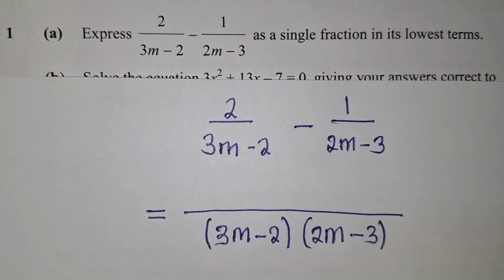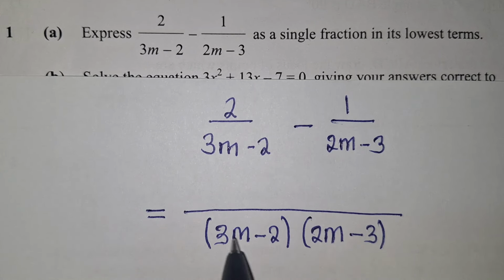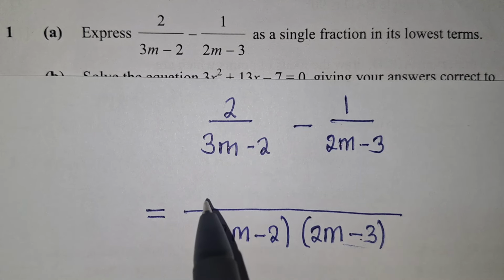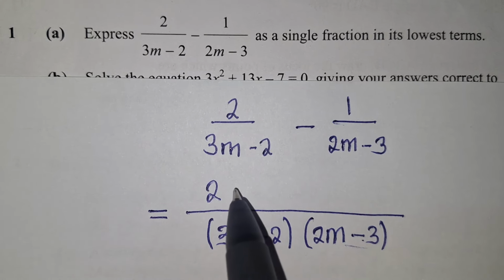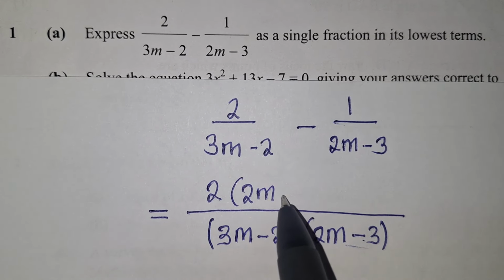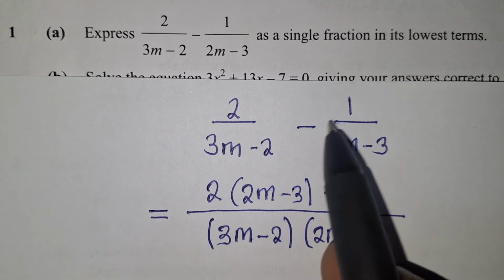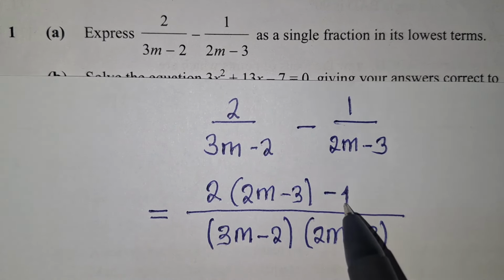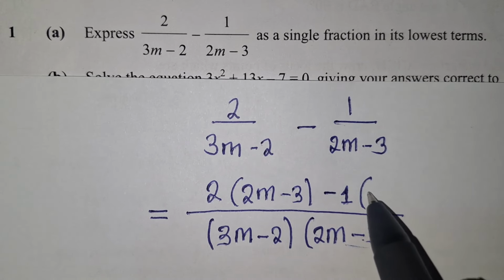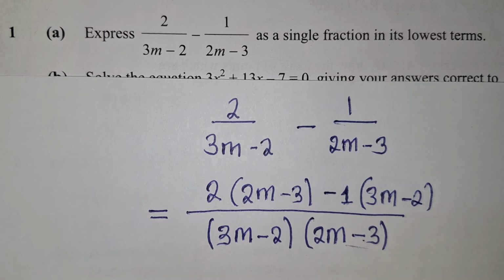And from this stage, we say 3m minus 2 into this denominator. You will just remain with this. Or in other words, get the numerator multiplied by the other denominator. You get the other numerator together with the sign, so this is the -1 multiplied by the other denominator, which is right here.